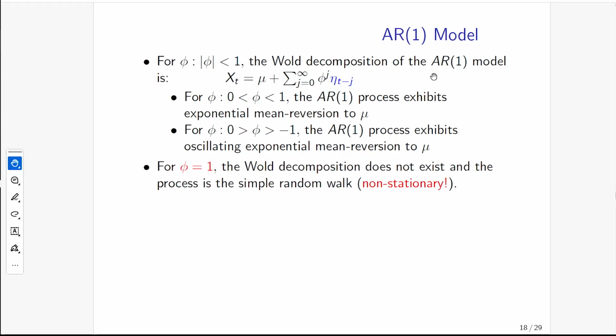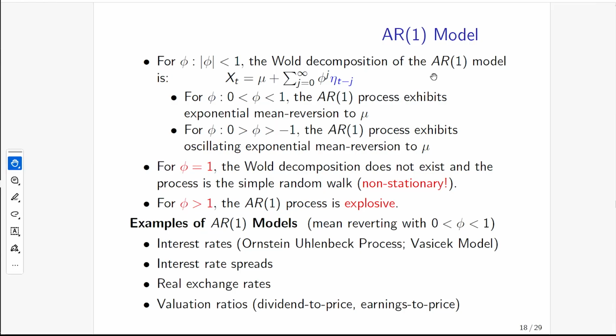But when phi equals 1, then the Wold decomposition does not exist, and the process is a simple random walk, which is non-stationary. And when phi is greater than 1, then the process is explosive.